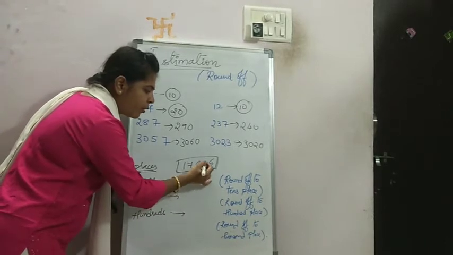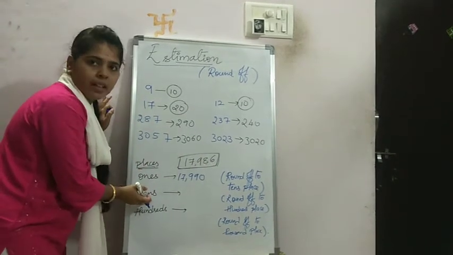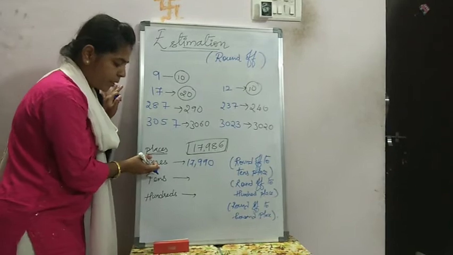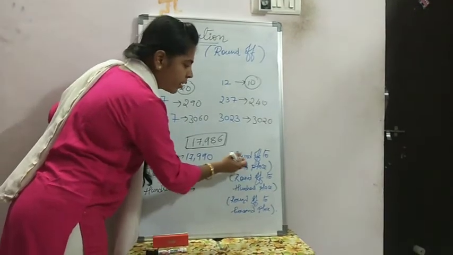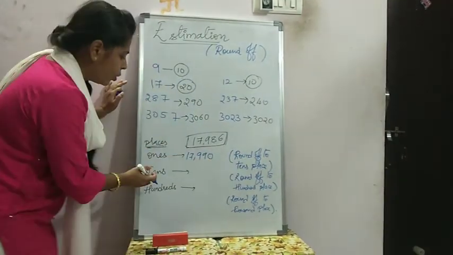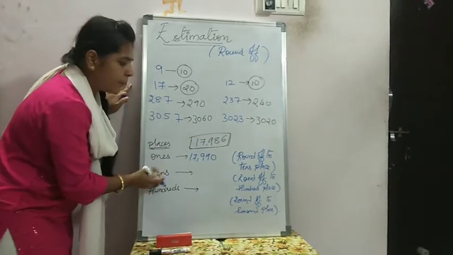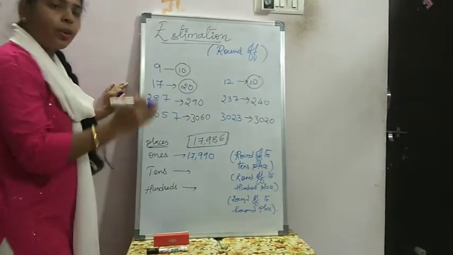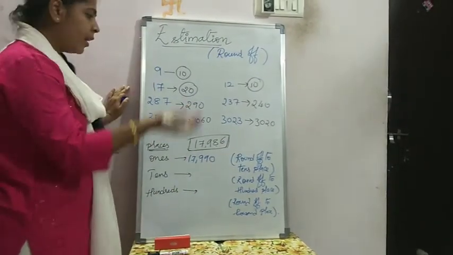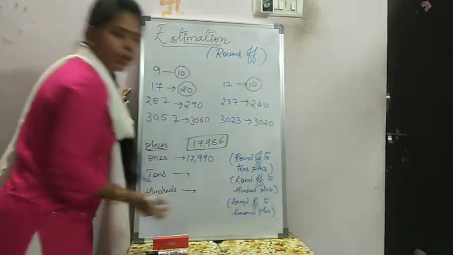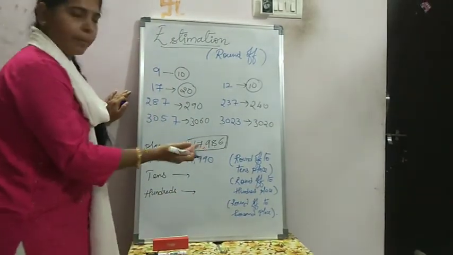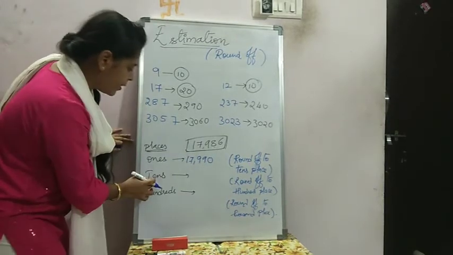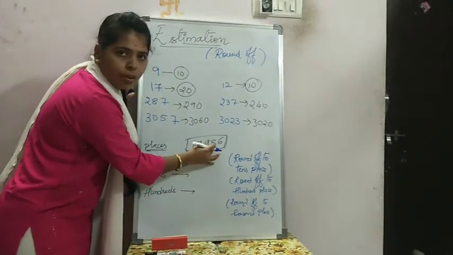Now I will apply it only for the tens. If I am estimating to the ones place, I am rounding up to the tens place, right? Next I am estimating the tens place, rounding up to the 100. As you go one step, the other step will continue, rounding up to the next step, right? Now if I take the tens place, 8 is more than 5.